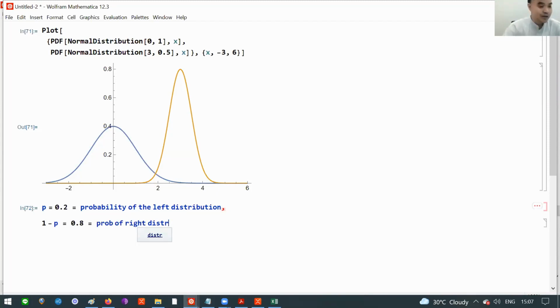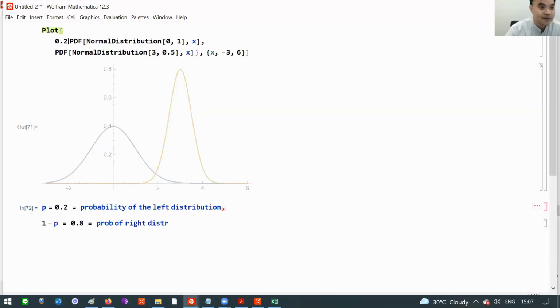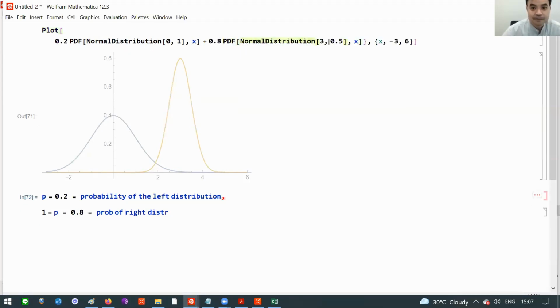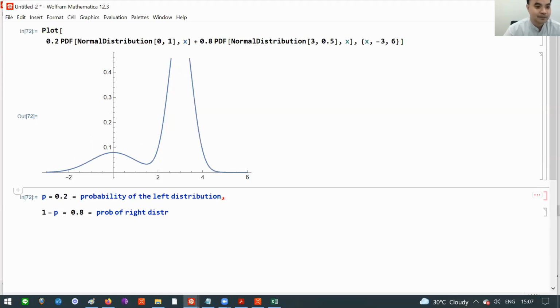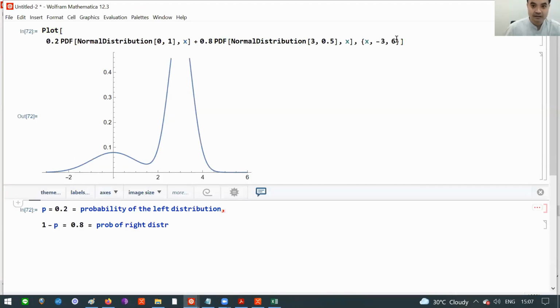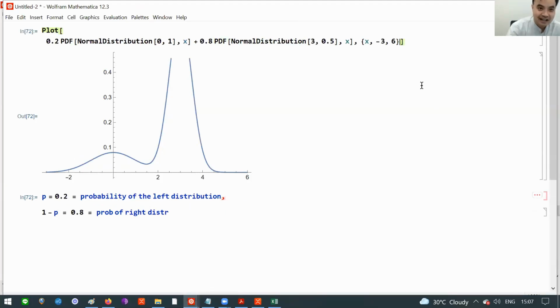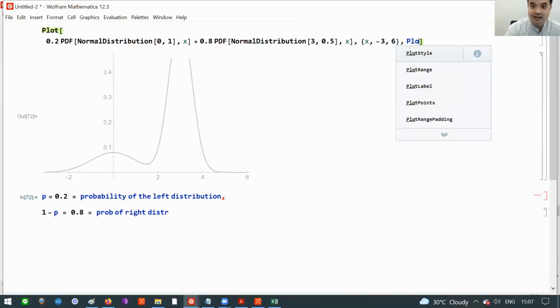How do I do that? Instead of making them separate functions, I make them the same function: 0.2 times the first plus 0.8 times the second. See? Now let me add the plot range.